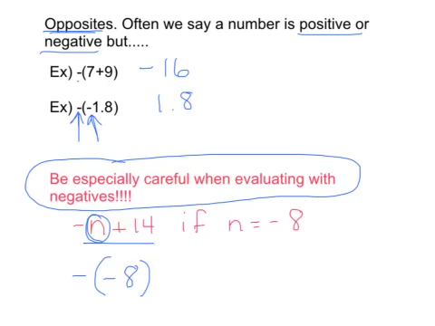So notice that I left that negative alone, and I plugged in the negative 8 plus 14. So now we have the opposite of negative 8, which is positive 8. So we have 8 plus 14, which is 22. Okay, so definitely be cautious when you're evaluating with negatives.